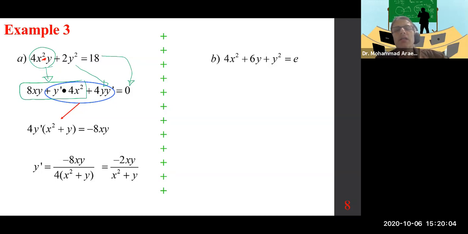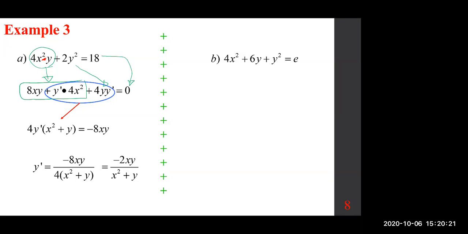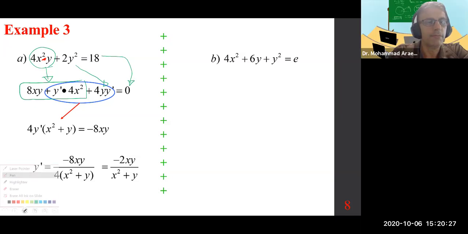Differentiate term by term. So let's go. 4x squared. The derivative is? Anybody? 8x. 8x, done. 6y. What is the derivative of 6y?